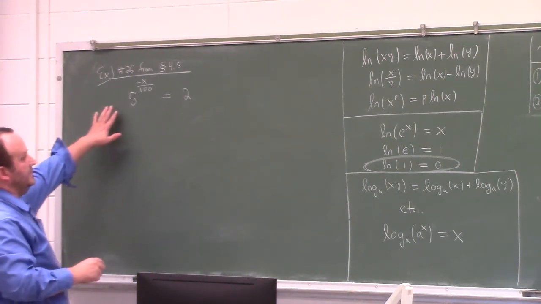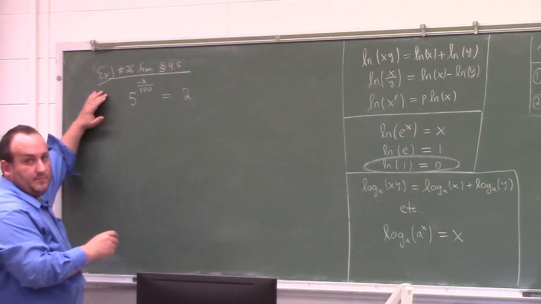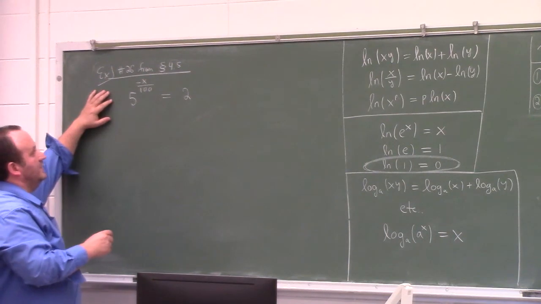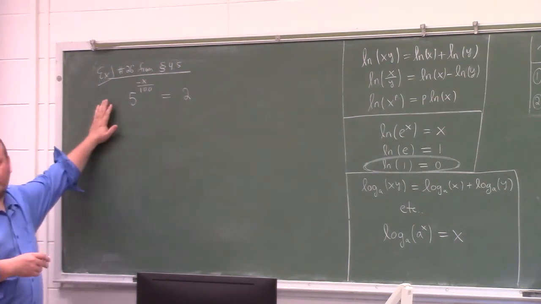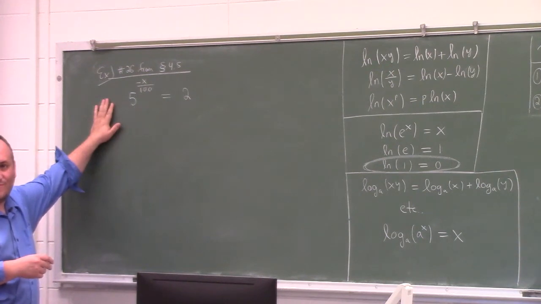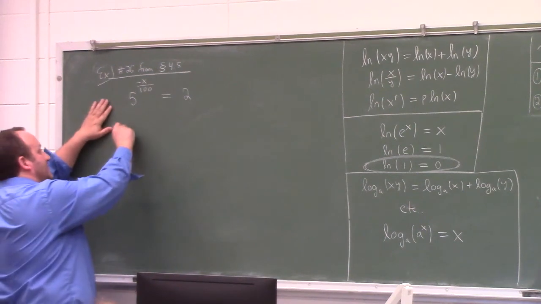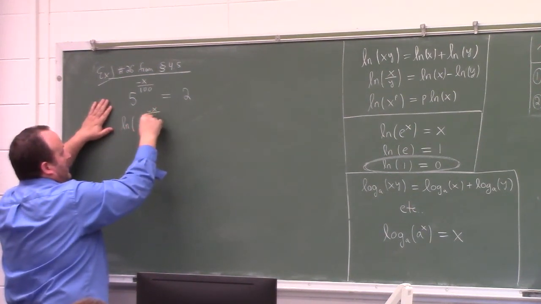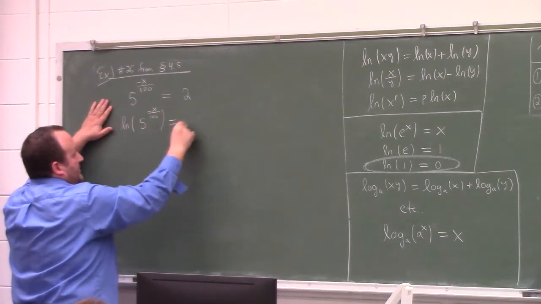All right, so this one, did you already pan over here? Okay, cool. So what do you guys want to do? What do you think we should do here? Do the ln. I'll allow it. Let's see here. So natural log of 5 to the minus x over 100 equals the natural log of 2.